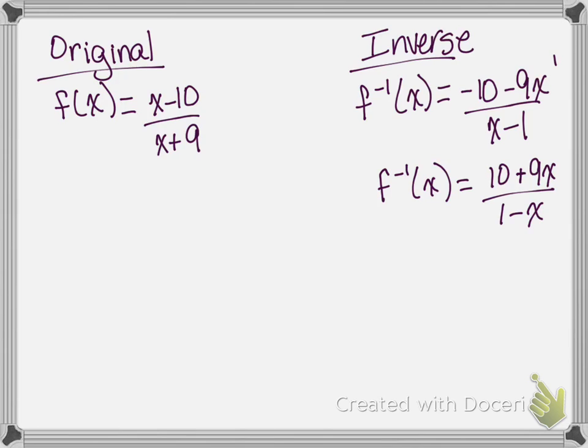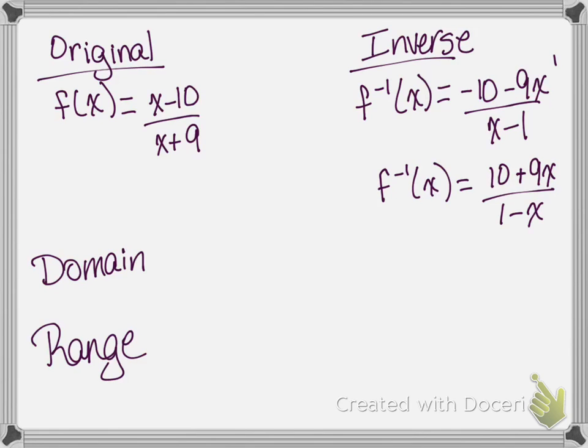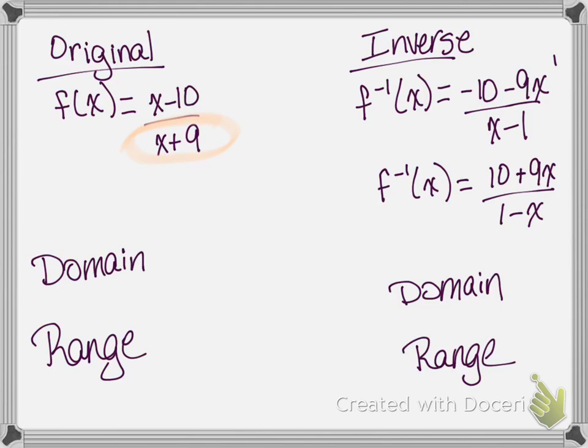Okay, so now I need to find the domain and range of each of these. I am looking first at the domain of my original function. So I am looking at this denominator right here, the x plus 9. The only thing that I'm looking at is the denominator, okay? My numerator can be anything. It can be 0, it can be positive, it can be negative. I can't have 0 in my denominator here. So x plus 9 cannot be 0.